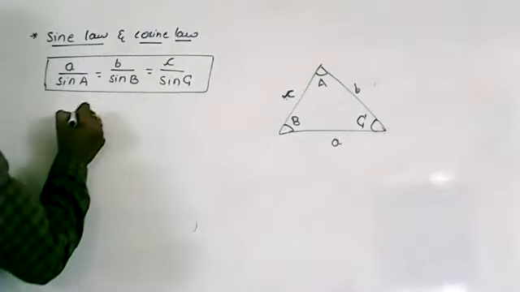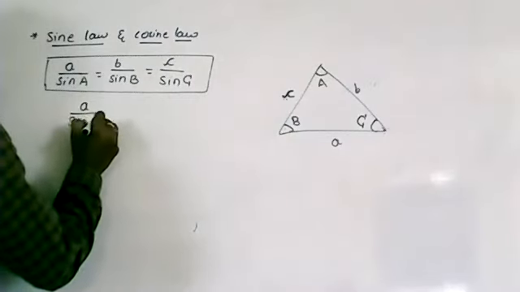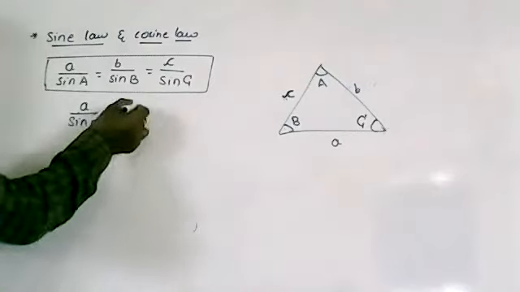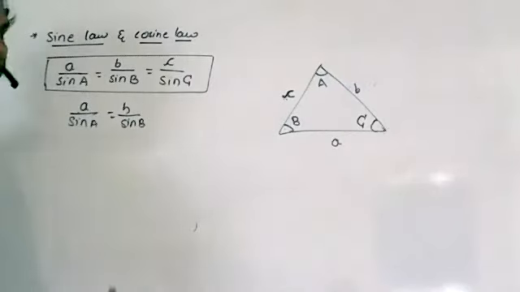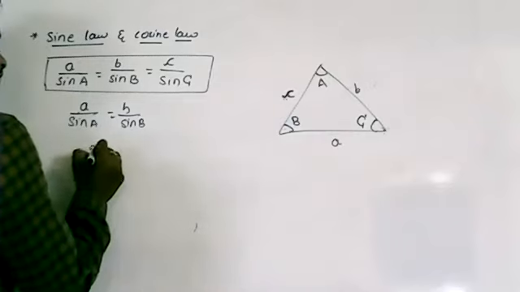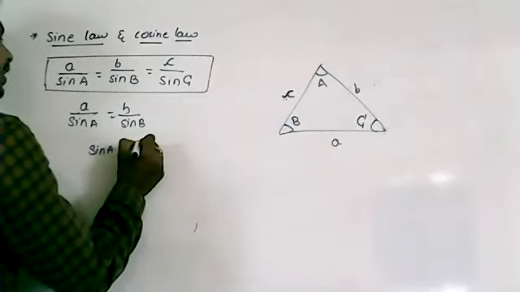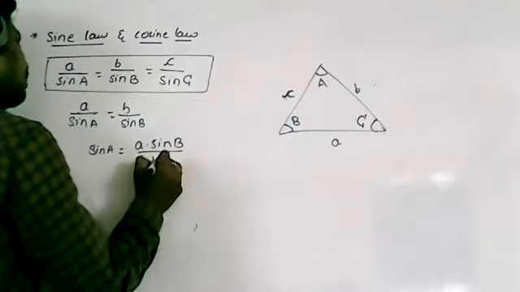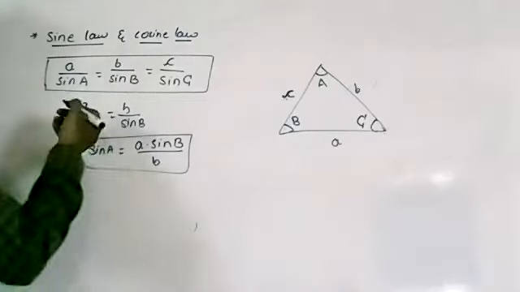From this you can write a by sine A is equal to b by sine B. From this you can find either the sides or angle A or angle B. For example, if I want to find sine A, sine A can be taken as a into sine B divided by small b.